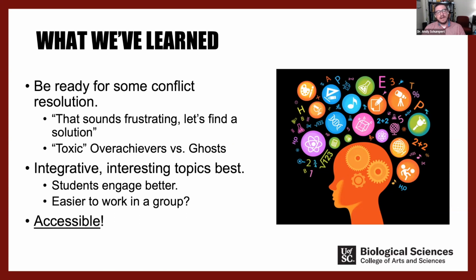Some of these toxic overachievers, instead of communicating with their group, will just complete everything by like Monday at 3 p.m. There's a whole week that they could have been working on it, but they'll already finish it. And then they'll send me an email about how none of their other group members are participating. So you see a little bit of that.